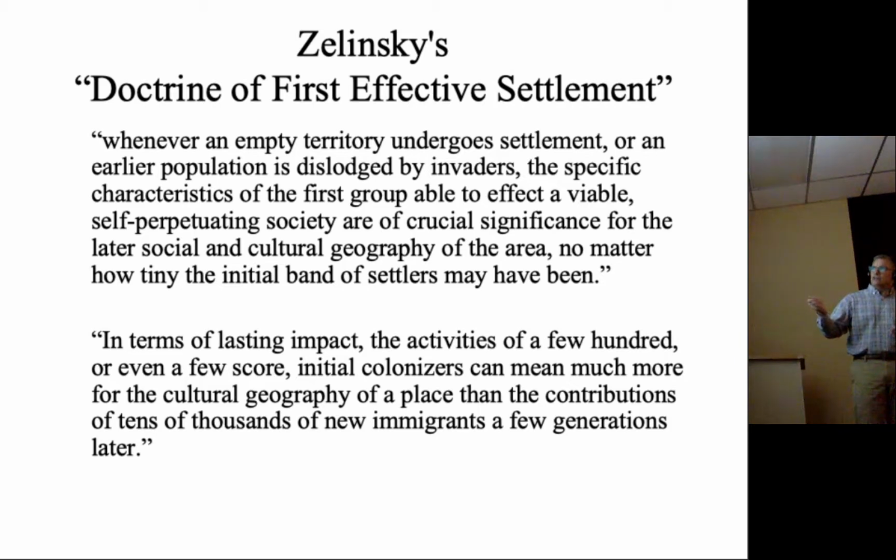In terms of lasting impact, the activities of a few hundred or even a few score initial colonizers can mean much more for the cultural geography of a place than the contributions of tens of thousands of new immigrants a few generations later. So people tend to follow the leader. They tend to do what the natives do, or at least do what the Romans do.